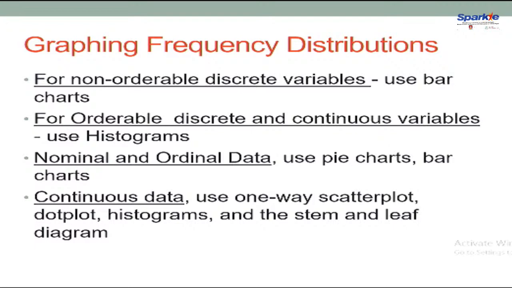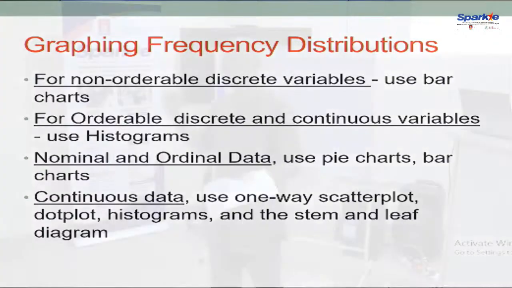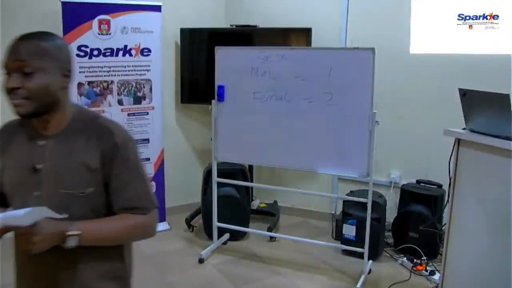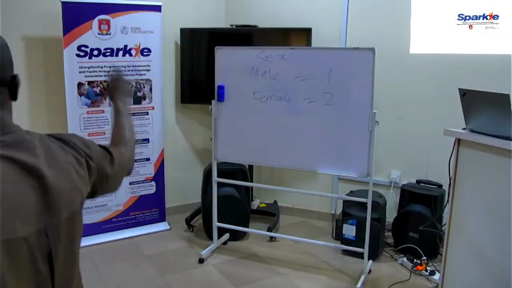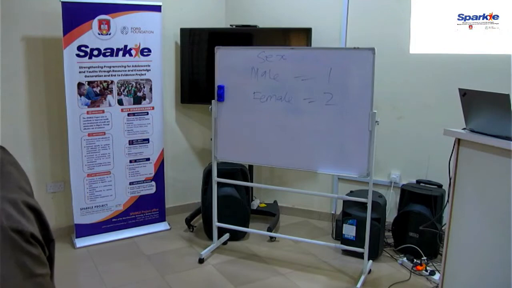So, sex: male and then female. If this is categorized as 1 and this is 2, these numbers are only for the purpose of representing them. We are not saying female is superior to male.